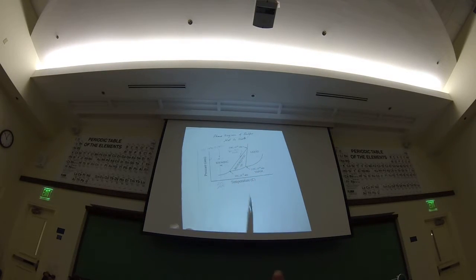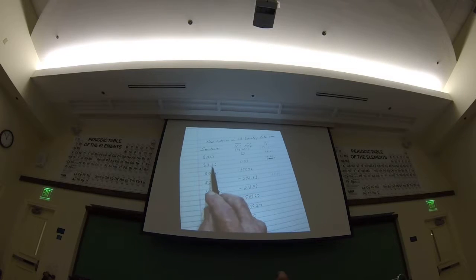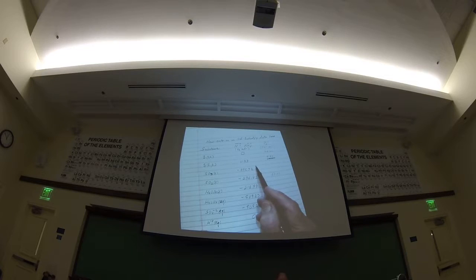So consequently, we could take the heat of combustion of the rhombic and the heat of combustion of the monoclinic. The difference is going to be a heat of transition. The difference in the monoclinic form is small, but there it is.